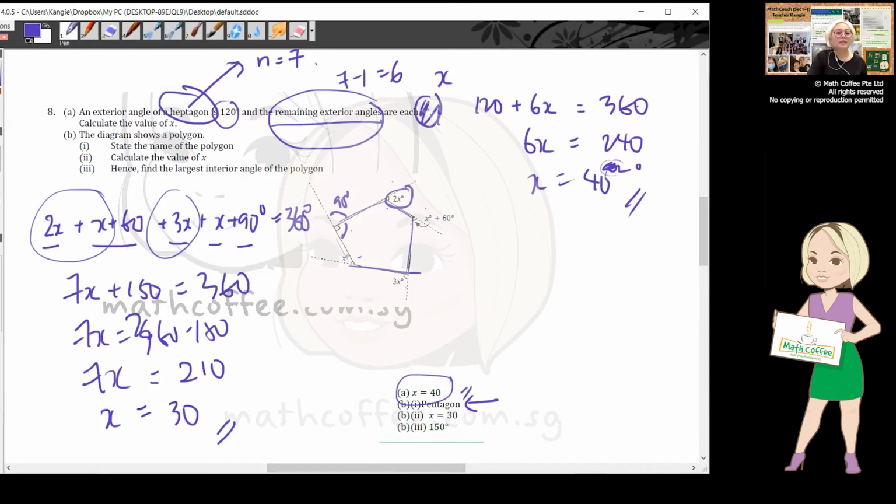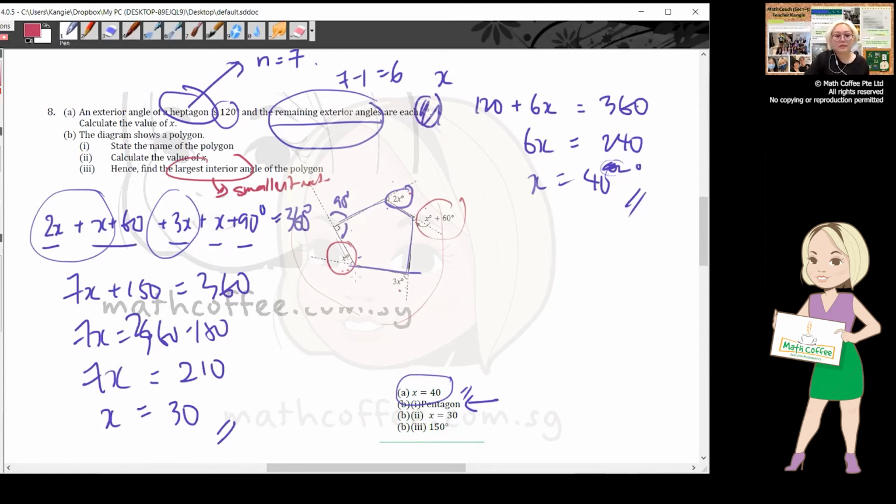Next, they ask to find the largest interior angle. Finding the largest interior angle is equivalent to finding the smallest exterior angle. So in this diagram, what is the smallest exterior angle? We got x, we got 2x, we got 3x, we got x plus 60. Definitely x is the smallest. Agree?